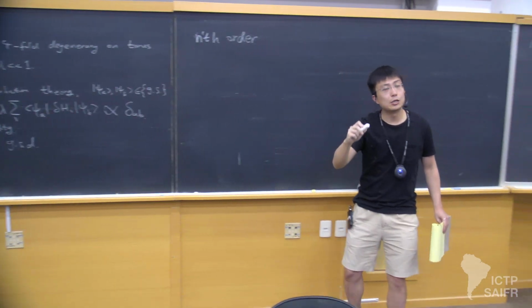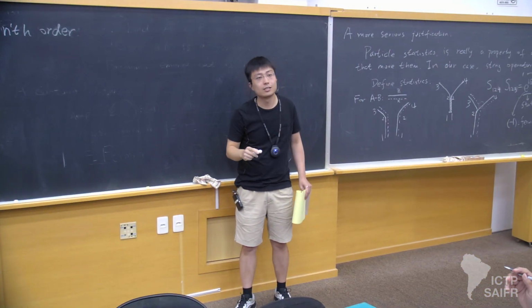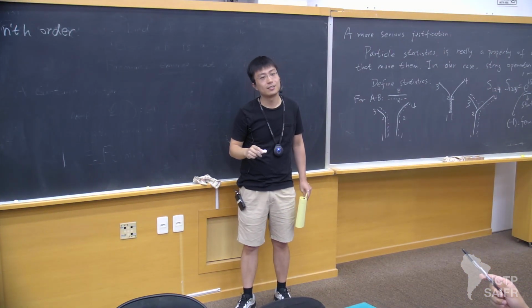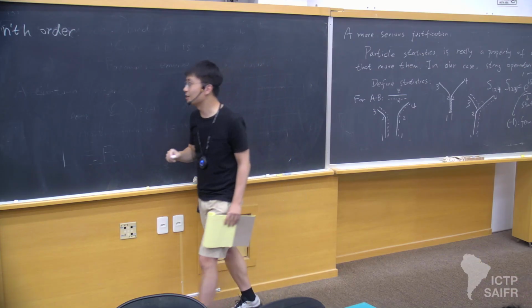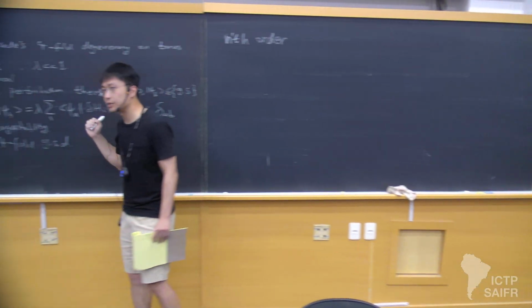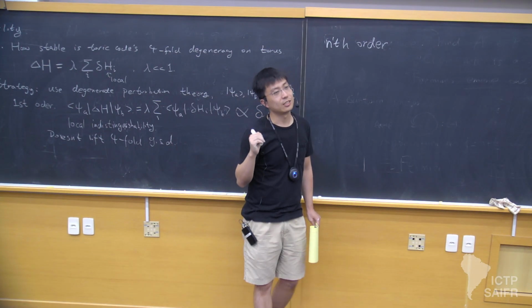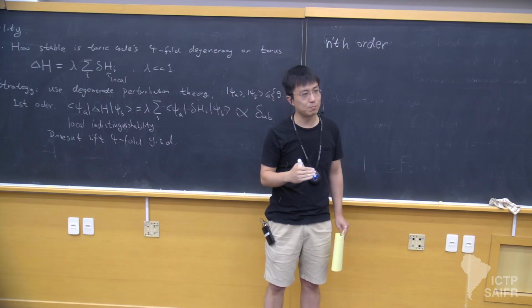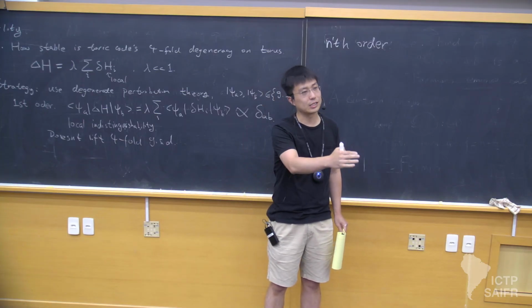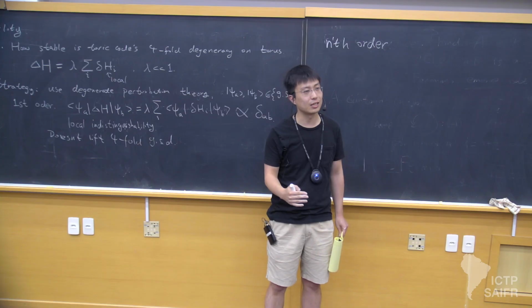Essentially, what I'm saying is that this should be an identity operator, because if it's not, it means the eigenvalues are not completely the same. Some will have eigenvalue plus something, some will have eigenvalue minus something.